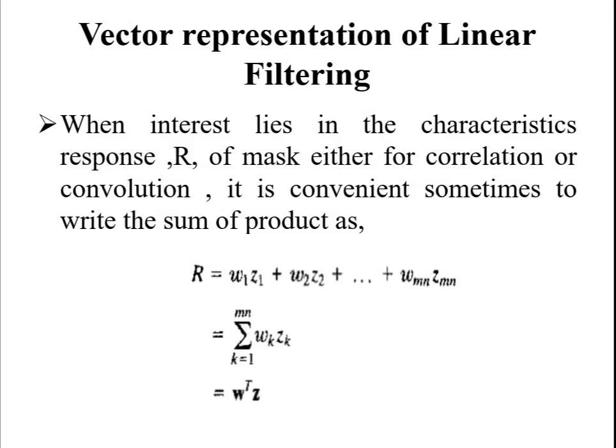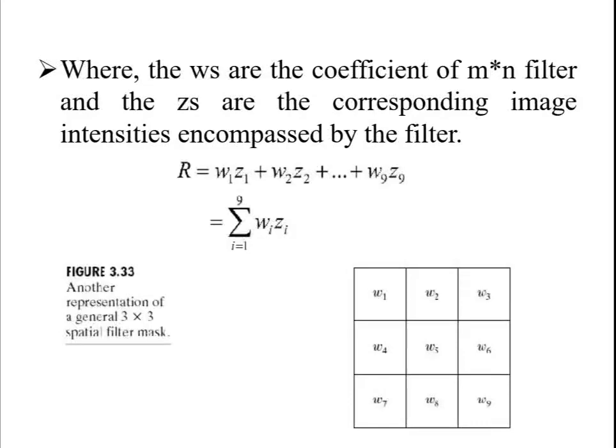When interest lies in the characteristic response R of a mask, either for correlation or convolution, it is convenient sometimes to write the sum of products as R is equal to w1z1 plus w2z2 plus dot dot dot plus wmn zmn. It can also be written as the summation of k equal to 1 to mn of w of k z of k, that is w transpose z, where the ws are the coefficients of an m by n filter and the zs are the corresponding image intensities encompassed by the filter.